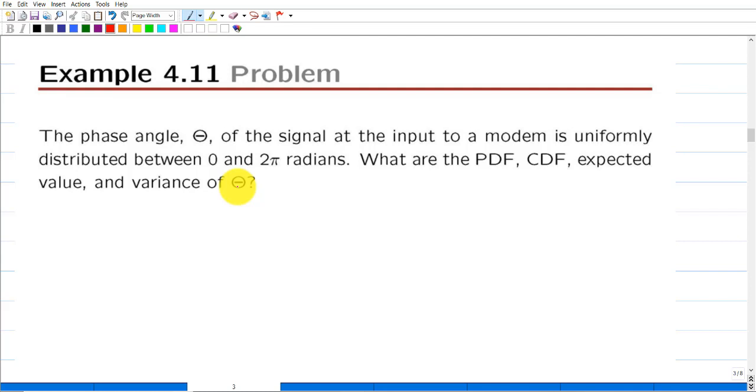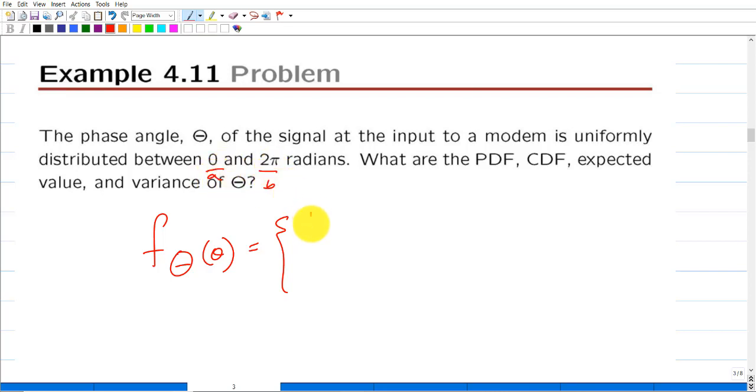So this is pretty simple. The PDF, small f of theta, is equal to 1 over b minus a. So this is b and this is a.